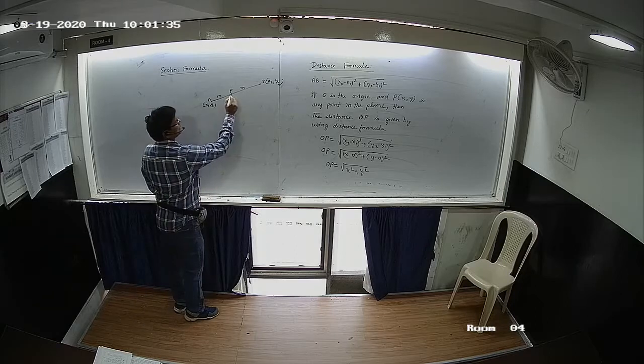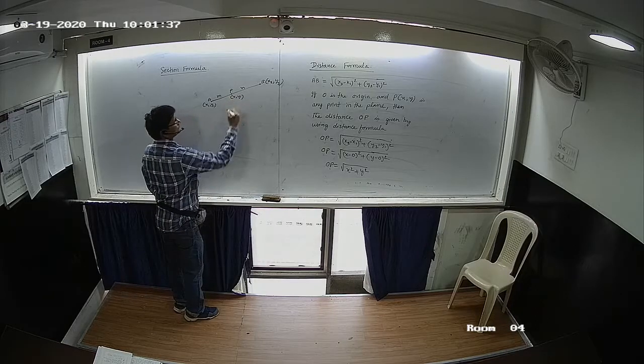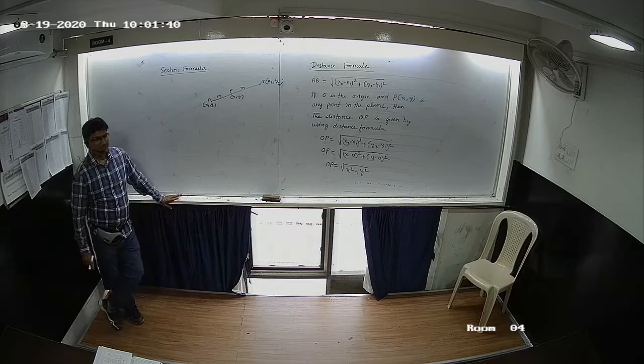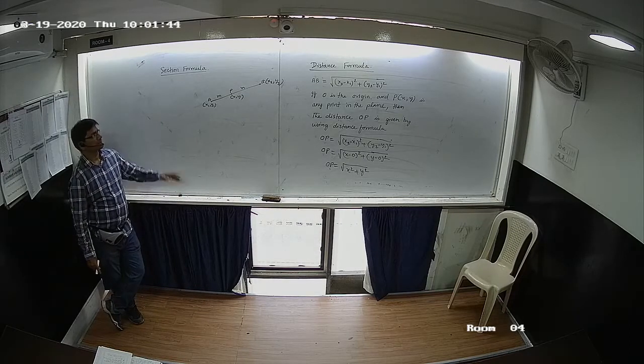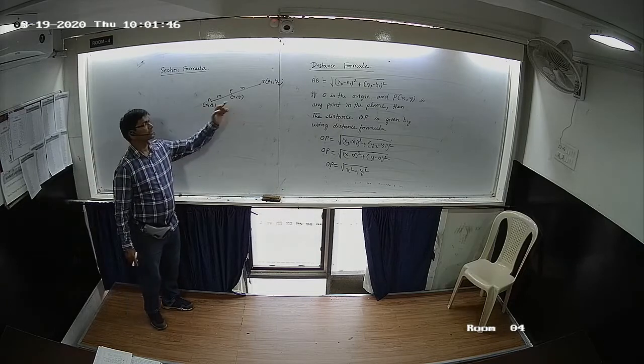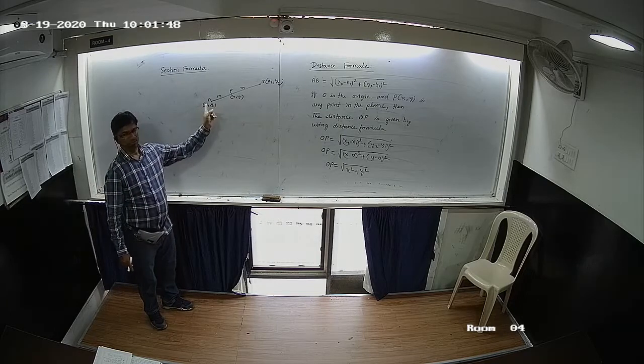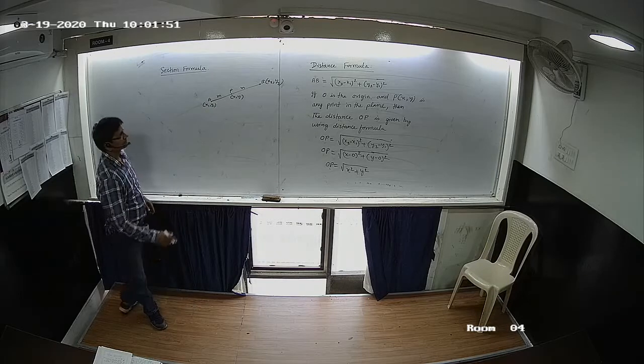Let the coordinates of P be (x, y). Let's find the values of x and y, such that it divides the line segment AB in the ratio m:n internally.